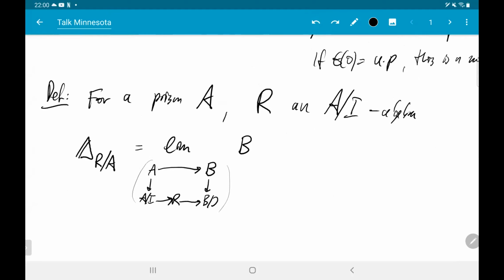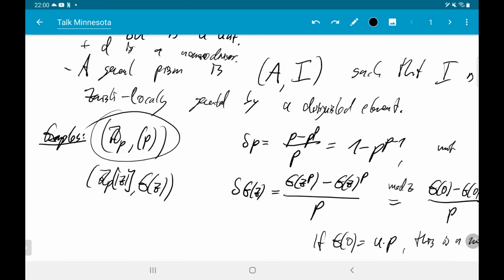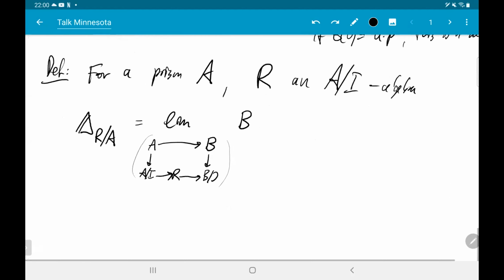And of course, there's this delta structure in the mix, so it's not literally all possible ways to lift R to characteristic 0, but it turns out that if you do it this way, it behaves well. For example, in this case where A is Z_p with prism structure given by p, this prismatic cohomology can be identified with crystalline cohomology.